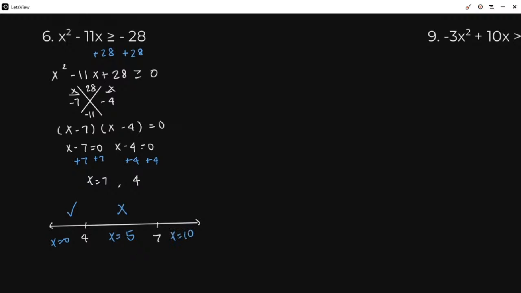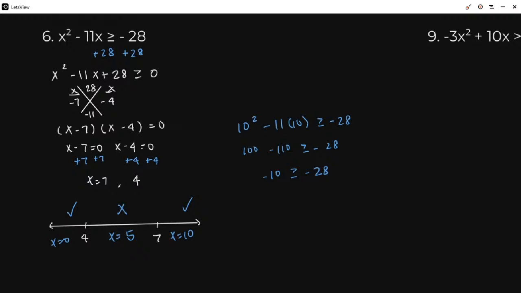And for the right-hand side, I could choose like x equals 8 or 9, but I just chose 10 because it's an easy number to work with. So I would get 10 squared, which is 100, minus 11 times 10, is greater than or equal to negative 28. So that's 100 minus 110, which is negative 10, is greater than or equal to negative 28, which is true.